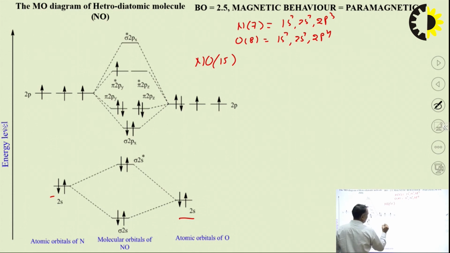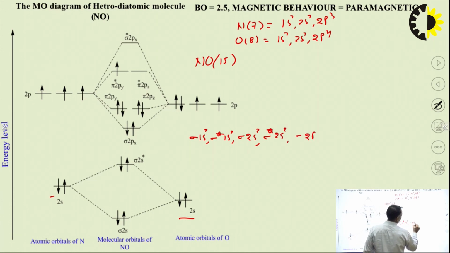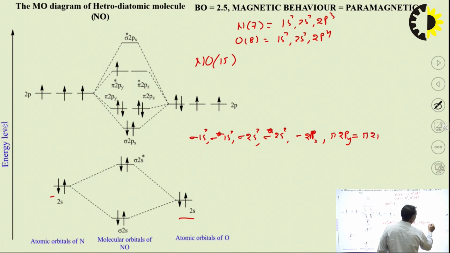Sigma 1s2, sigma star 1s2, sigma 2s2, sigma star 2s2, sigma 2p xyz, whatever you want to write down, then pi 2p y equal to pi 2p z.